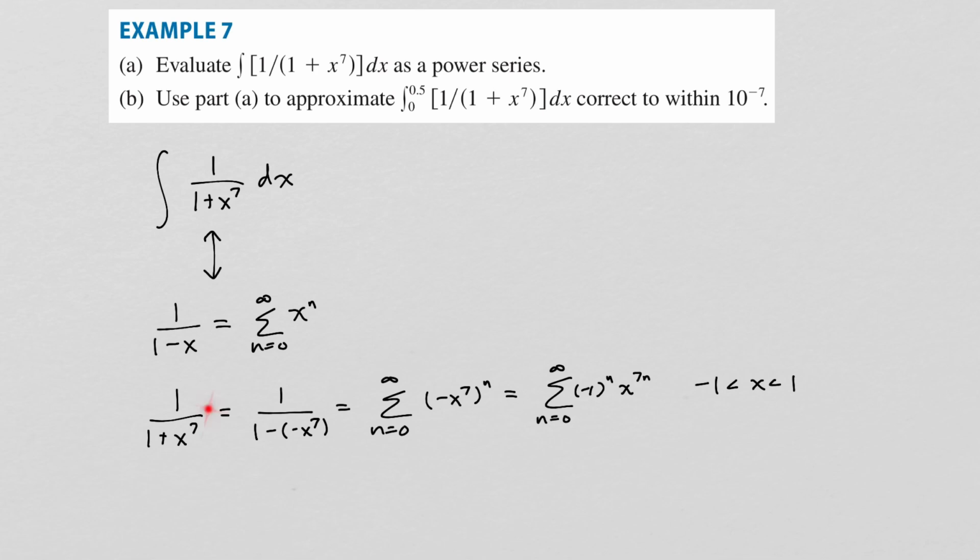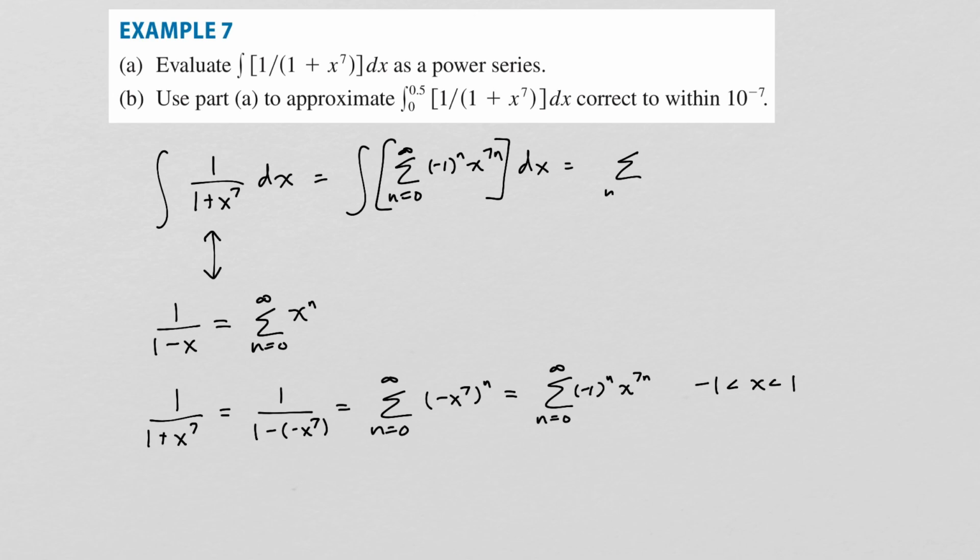So if the power series for 1 over 1 plus x to the 7th is this series here, then the antiderivative of that function will be the antiderivative of this power series. And so this is equal to the integral of the sum of that power series.